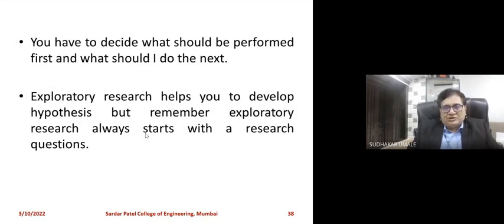So this is very important. Do not be confused, because at this stage you have prepared the research design completely. When you do the research design completely, there is no confusion, because the research design gives the idea of what to do first and what to do next, and hence exploratory research helps you to develop hypotheses.